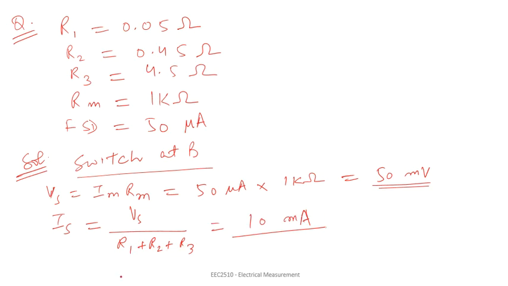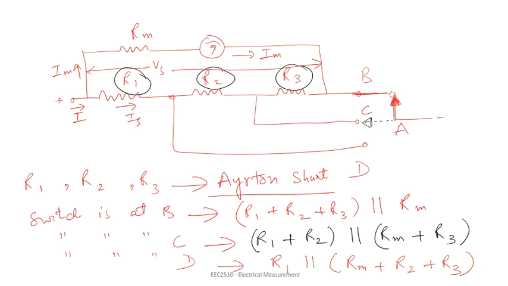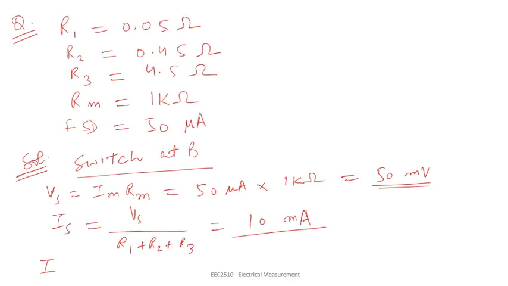Okay, now what is the range of the ammeter? For calculating the range, you have to calculate this current I, which will be equal to Im plus Is. Just apply Kirchhoff's current law.